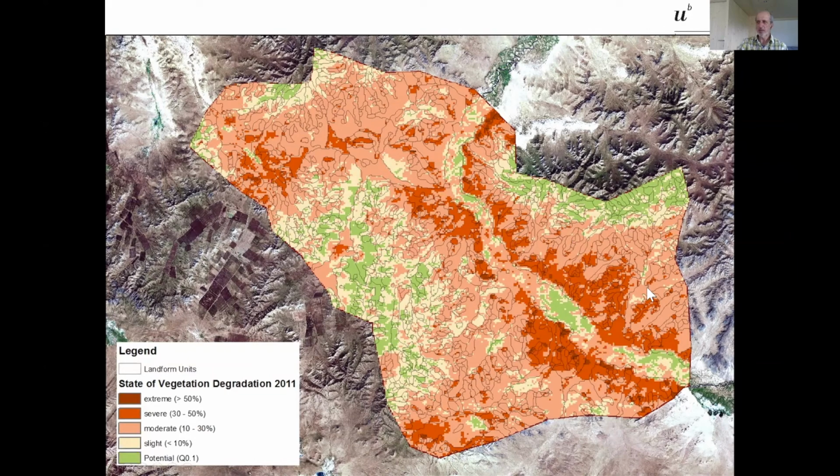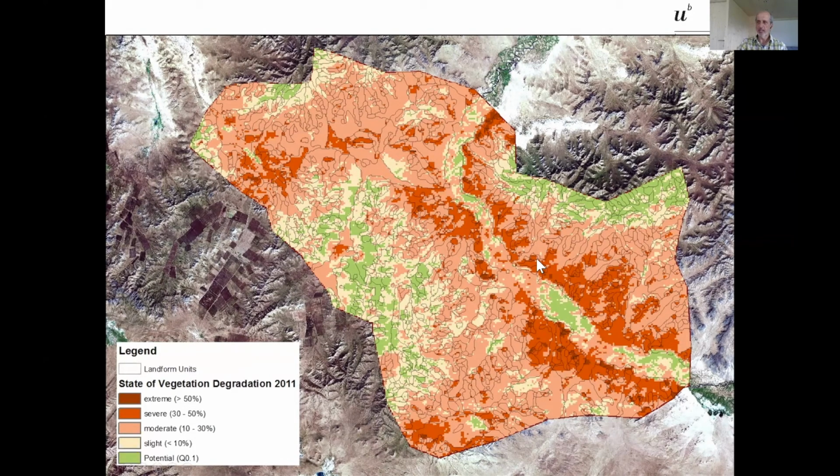But it doesn't matter on which landscape units these animals move around. Actually, when you have a better situation on the northern slopes, the animals try to go on that slope. So they graze the better landscapes more than the landscapes that have less grass, and the pressure on those is actually increasing.